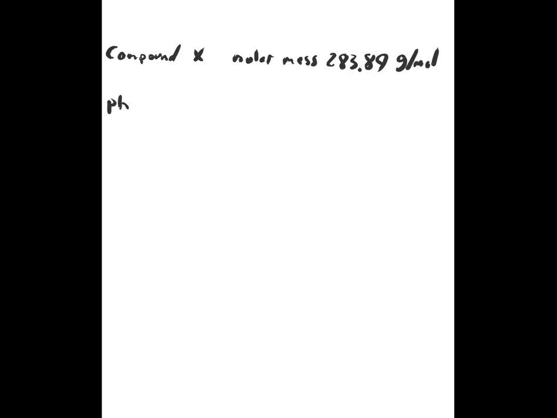They say you have phosphorus in it, and phosphorus is 43.64% of the mass. And the other one is oxygen in this case. So oxygen is 56.36%. And they want you to find the molecular formula.